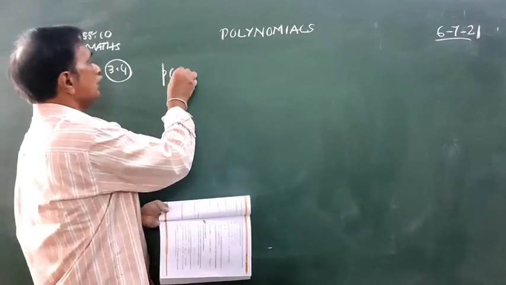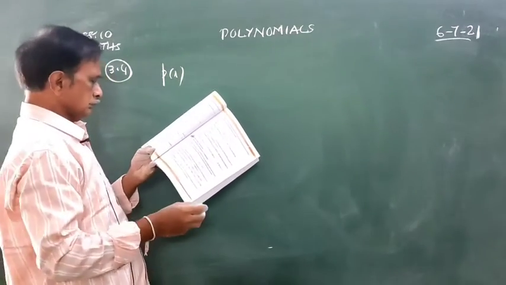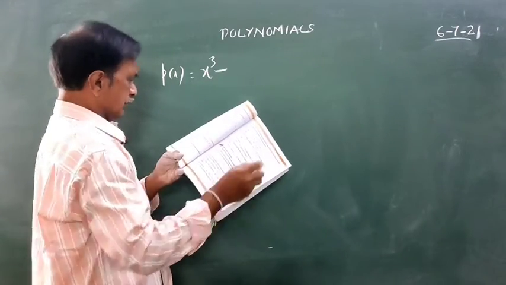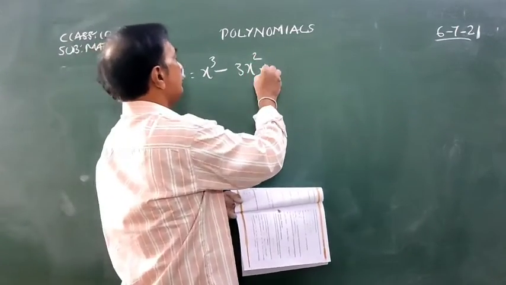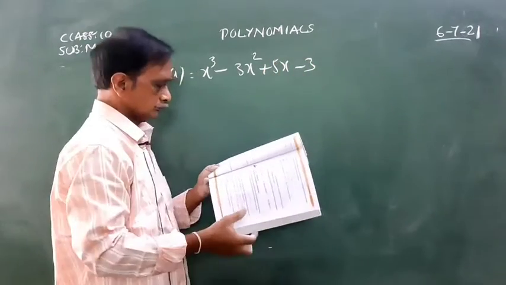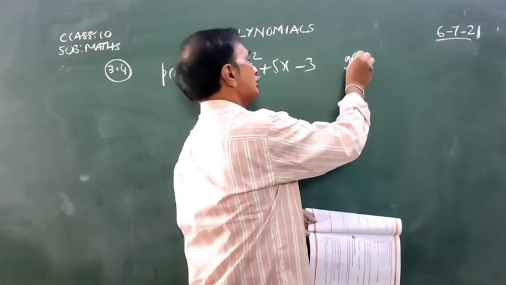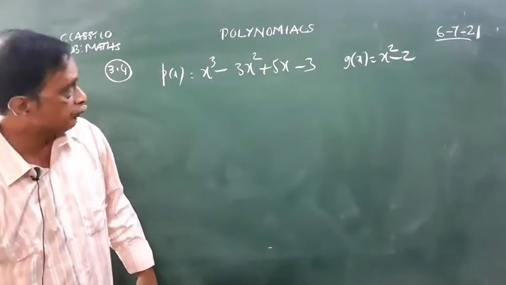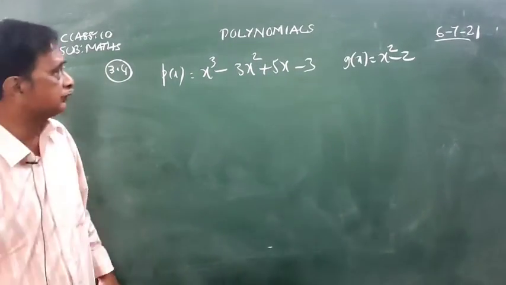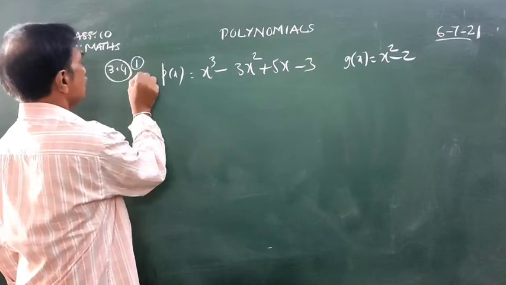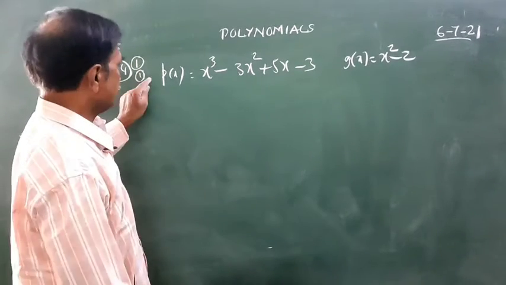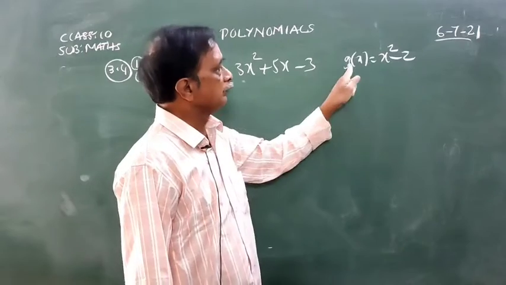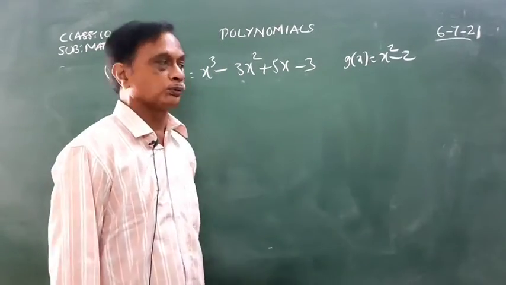Here we have 3 problems under this. The first problem is divide p of x, x cube minus 3x square plus 5x minus 3, by g of x equal to x square minus 2.